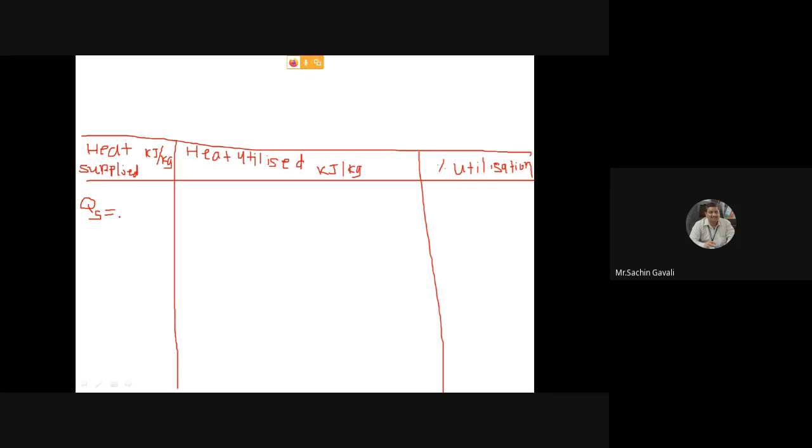QS is equal to MF into CV, but MF we are considering as 1. Therefore it will be equal to 1 into CV. Write down here also in your notebook. Make that kind of practice.